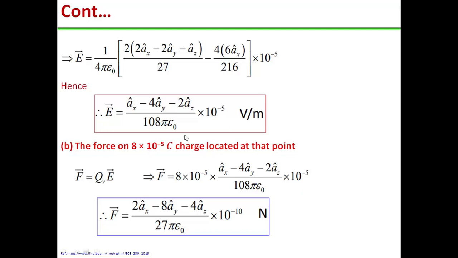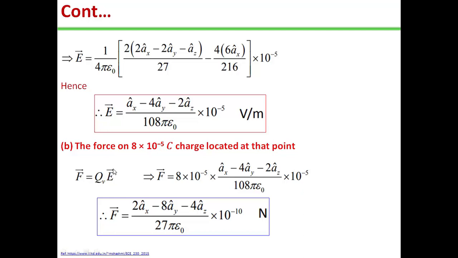The next question is to calculate the force on the 8 × 10^-5 coulomb charge located at that point. We know that the force on any charge is given by F = QE, where Q is the charge and E is the electric field.